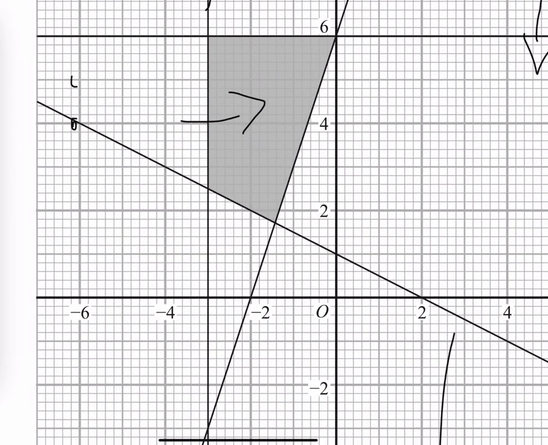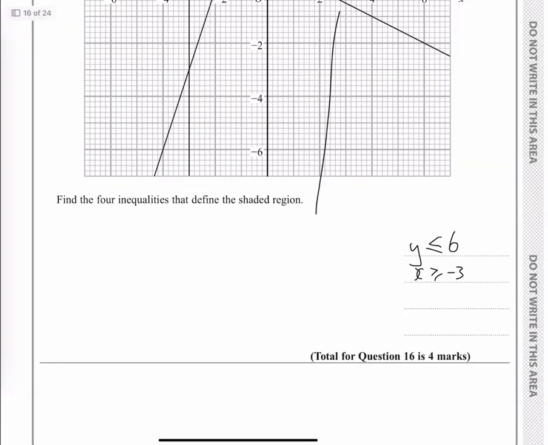We have 4 and minus 6, and we have 2 and 0, which would give me a gradient of... I've put that the wrong way around, sorry, minus 6, 4, which means we've gone 8 across in the x direction, and we've gone 4 down, so that's y equals minus a half x, plus c is going to be 1 here.